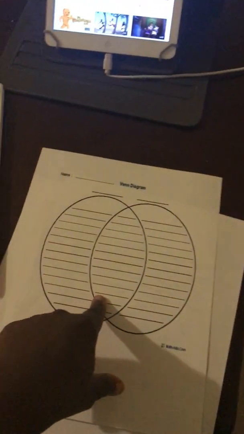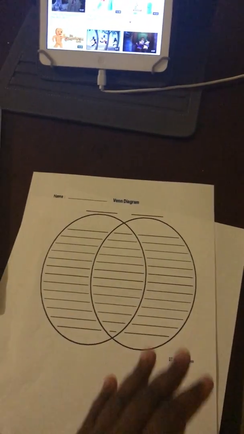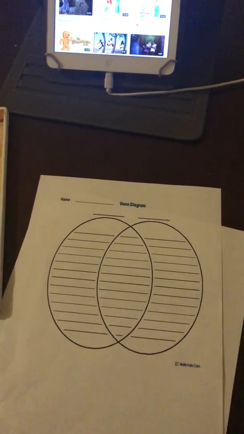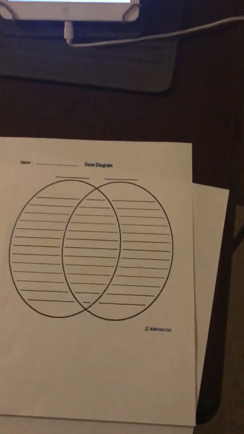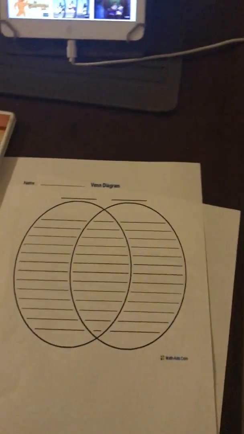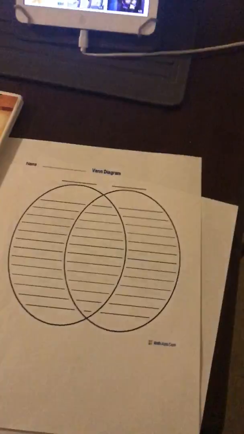And this part will probably be the simple version, such as all the pigs had their own house. Both of the stories had the pigs with the straw, the sticks, and the bricks.